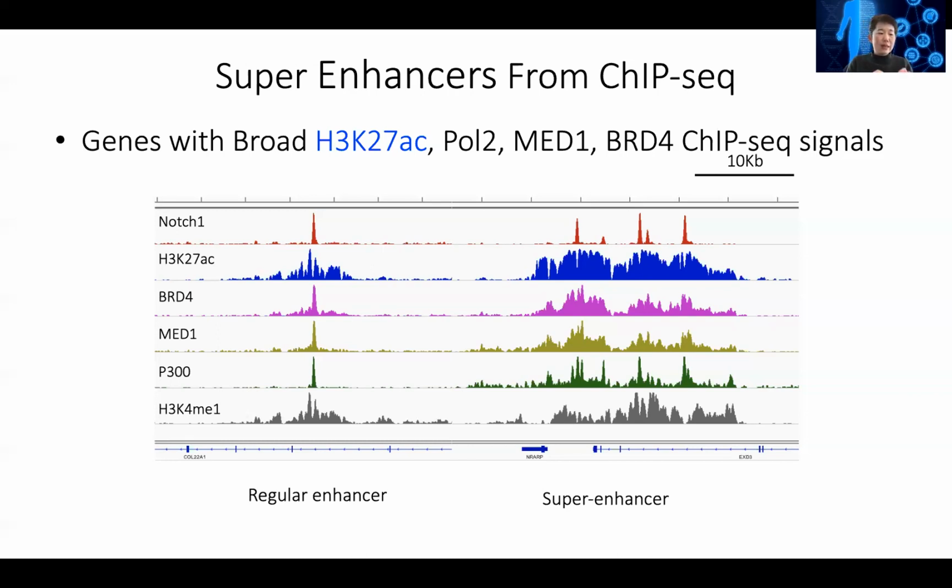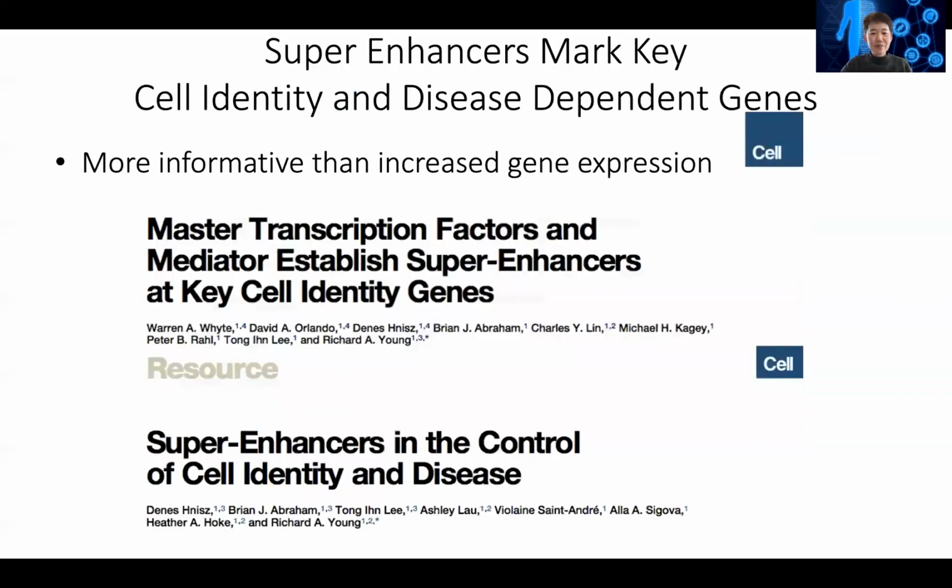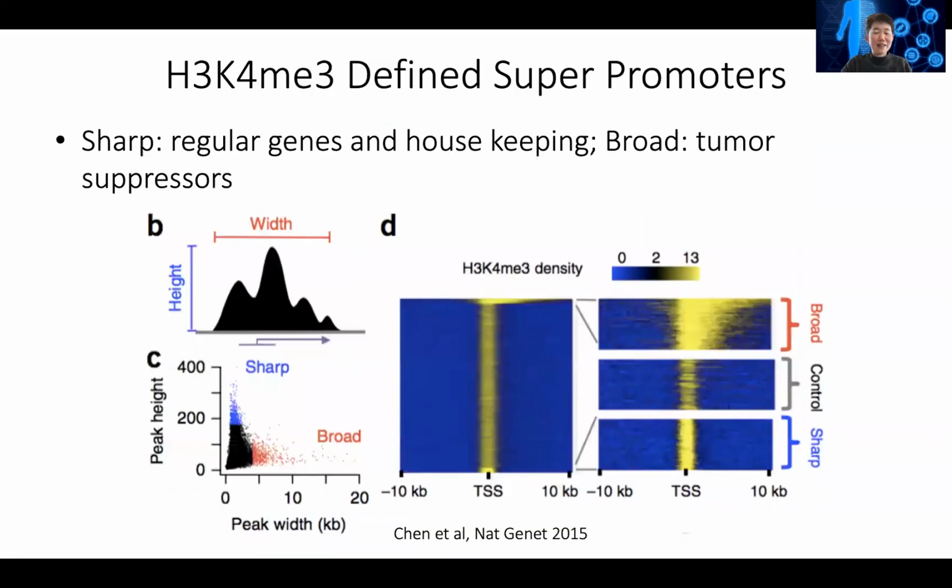It almost indicates that the cell knows these regions need to be highly expressed, and they are using the epigenetic marker. They are like really waving the flags for the transcription factors to bind there to activate the gene to ensure these important genes are highly expressed in the cell. And so these are super enhancer targets.